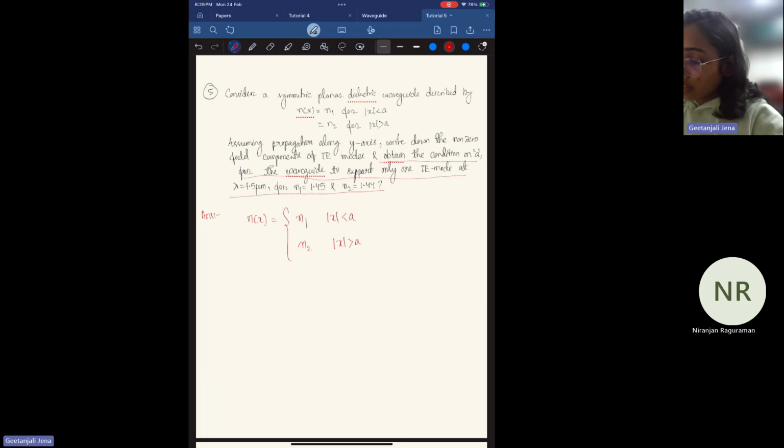To find out the non-vanishing components for this waveguide, as I said before, we first have to look for the plane which has variation of refractive index and the propagation direction. So this is n(x), and the wave is propagating along the y-axis, so the xy plane.